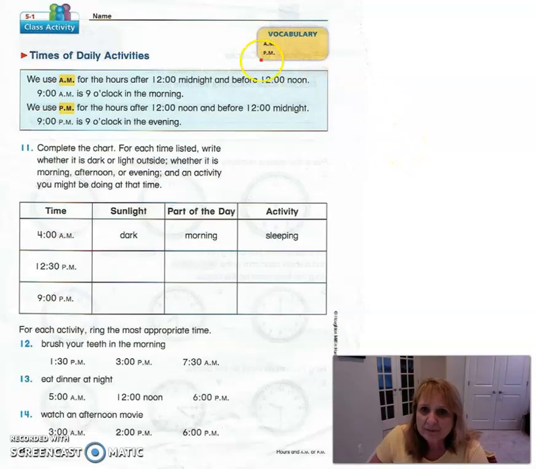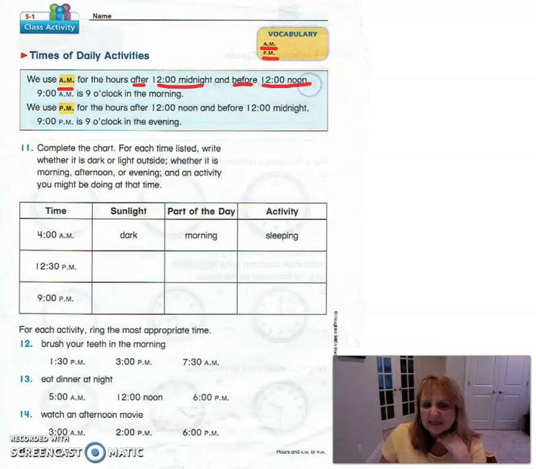Our vocabulary for this page is AM and PM. And we've talked a little bit about this. That AM and PM stands for whether the time is in the morning or in the evening. But it can get kind of tricky because the time for AM, as you can see right here, we use AM for the hours after 12 o'clock midnight and before 12 o'clock noon.